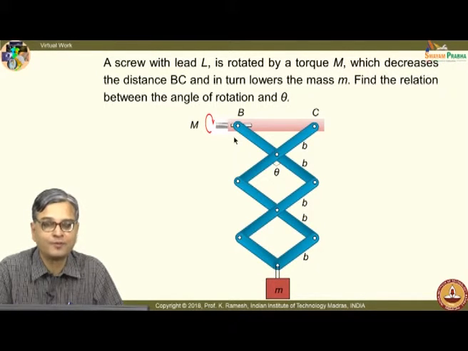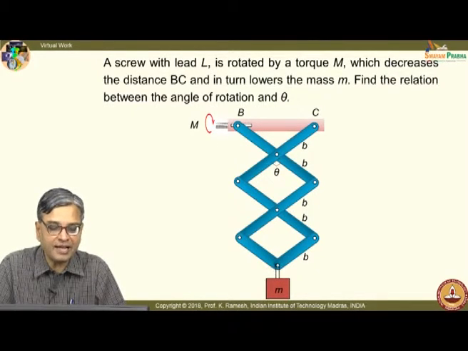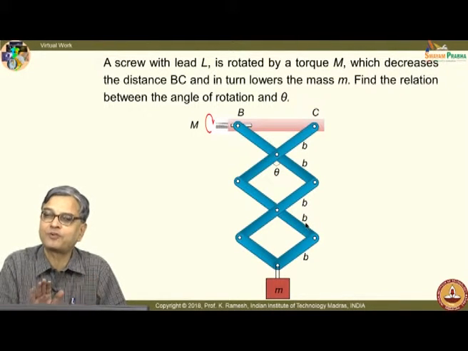I want you to do some homework on that, so that you also learn a little bit of engineering terminology. The only thing new here is how to interrelate the rotation to the linear movement. For the rest, instead of one link which we saw earlier, I have two links, so I will have a change in expression. The problem is straightforward.